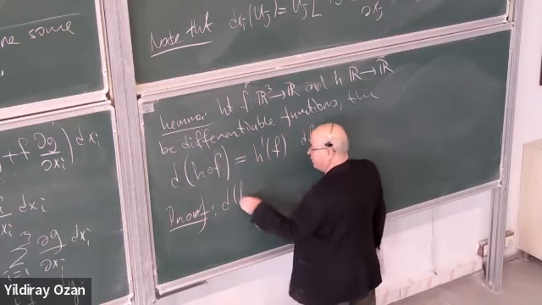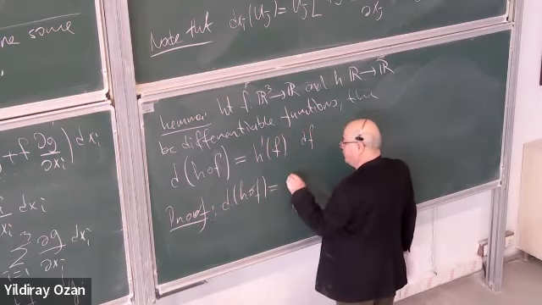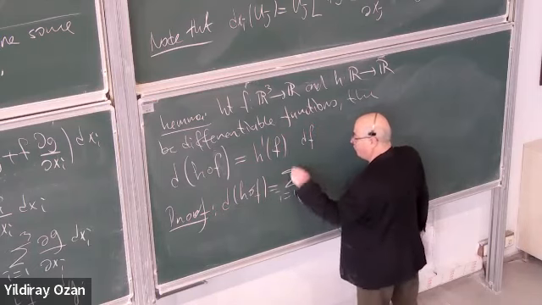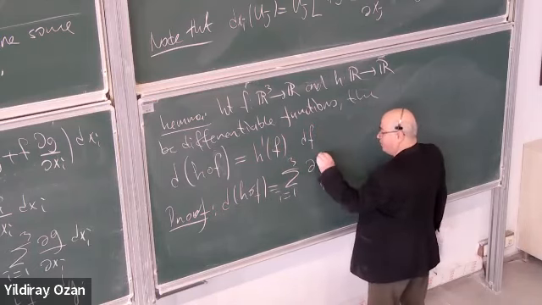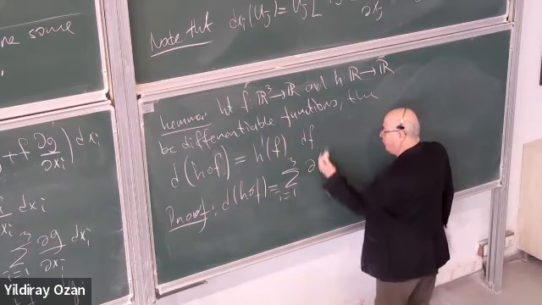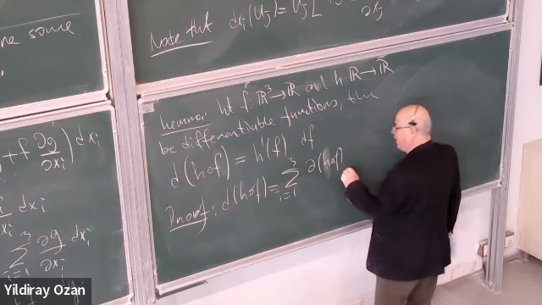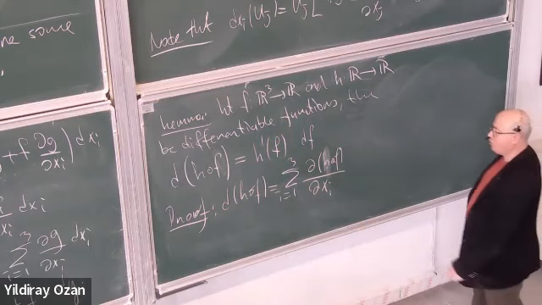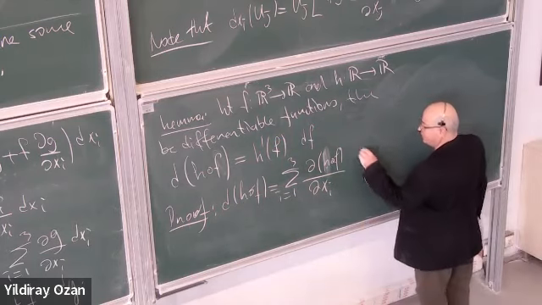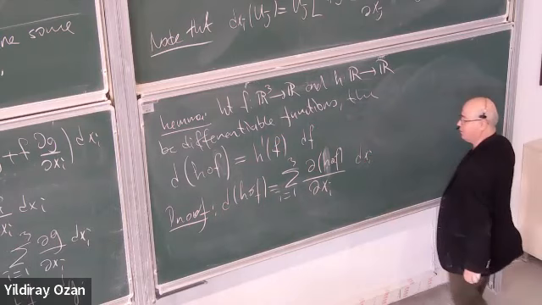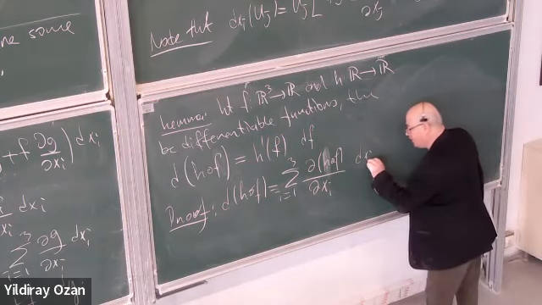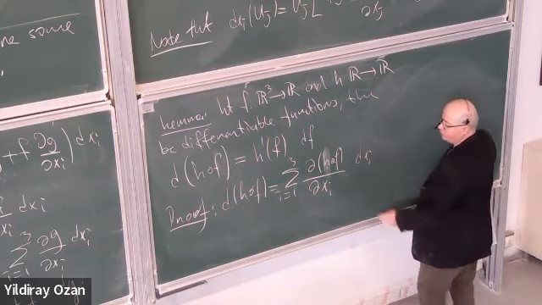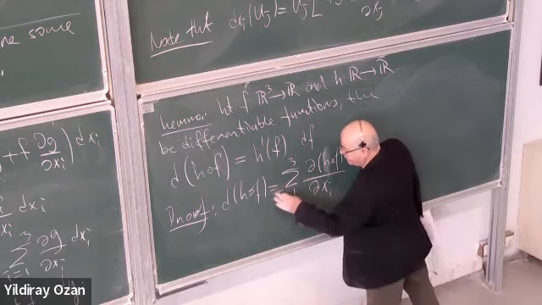What is this? This is nothing but the sum over i from 1 to 3 of the partial derivative of h composition f with respect to ith coordinate times dxi. And here we apply chain rule to these partial derivatives.